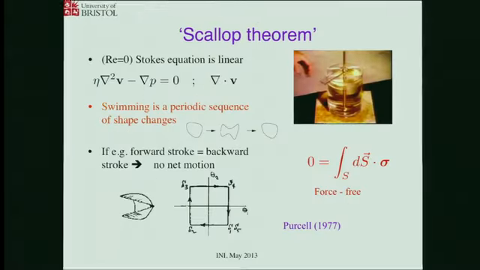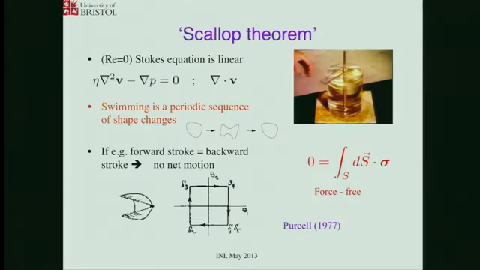There is another thing that we need to bear in mind, which is that the Stokes equation is linear, and the swimming is some periodic sequence of shape changes. In this periodic set of shape changes, if the sequence is symmetric about its middle, then I'll have no net motion.